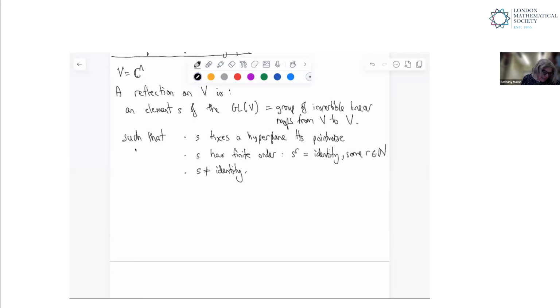So a complex reflection group is then defined in the same way. It's a subgroup of GL(V) generated by reflections.